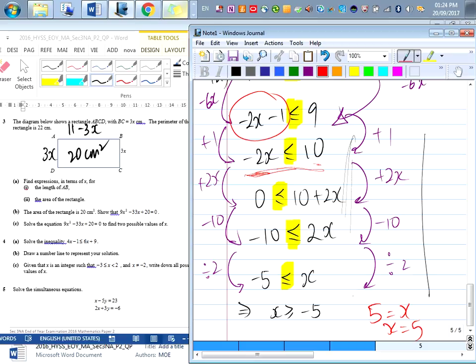Why don't you write 5 equals to x? Because it's weird, right? We don't usually write it that way. That is the same reason why I put x greater than or equals to 5 instead of negative 5 smaller than or equals to x. It's just what we prefer to do. Put x on the left hand side.